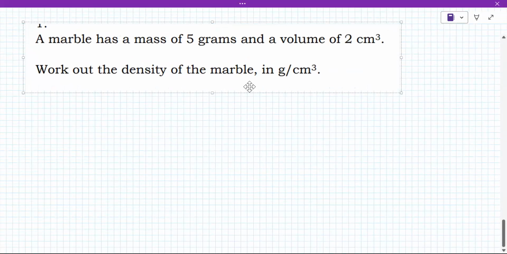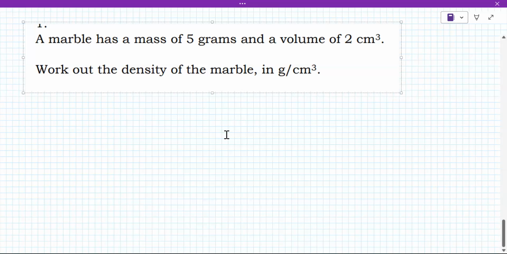It's just like the last one. A marble has a mass of 5 grams and a volume of 2 centimeters cubed. Write down the density of the marble in grams per cm3.